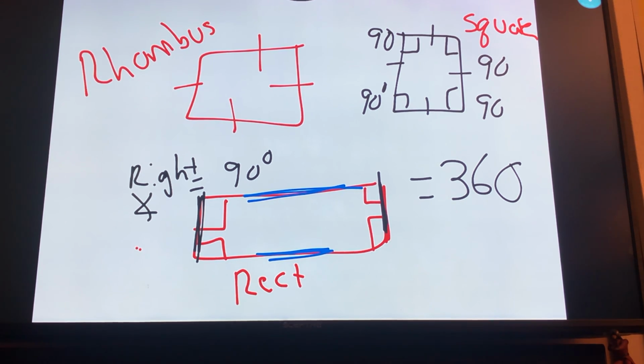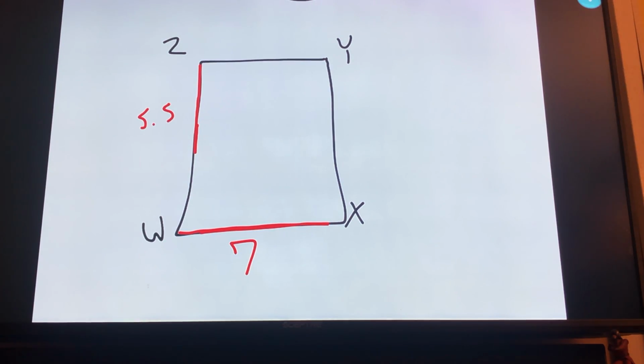So with that being said, let's go back and revisit our problem here. If I know the left side is 5.5, that should automatically tell me that the right side is 5.5. If I know that the bottom is 7, then the top has to be 7.